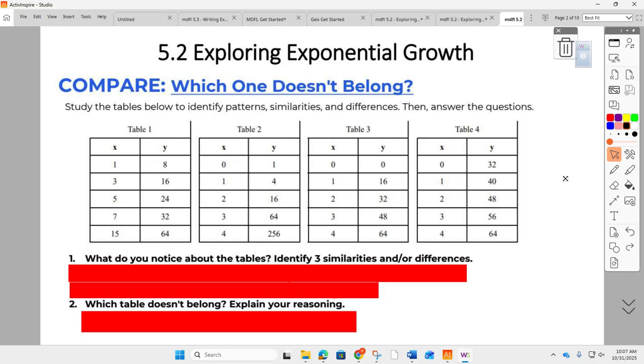Anybody else? What do you notice, Mason? Something similar, something different. The 4 tables.